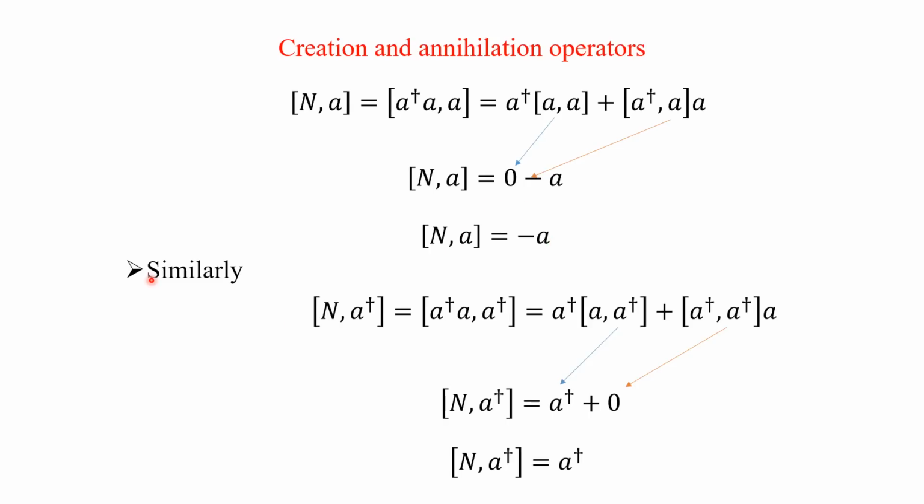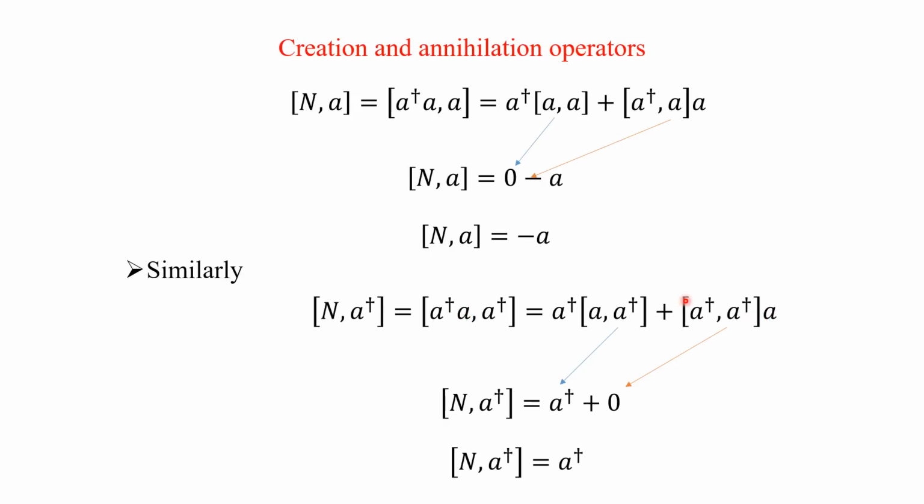In a similar manner, the commutation of the number operator n with a dagger is equal to the commutator of a dagger a with a dagger. So this a dagger will come to the left hand side, and the a will come to the right hand side according to the commutation relation.